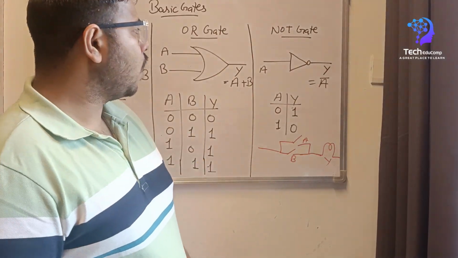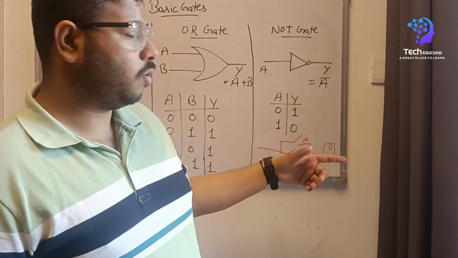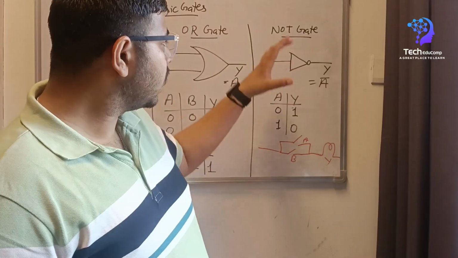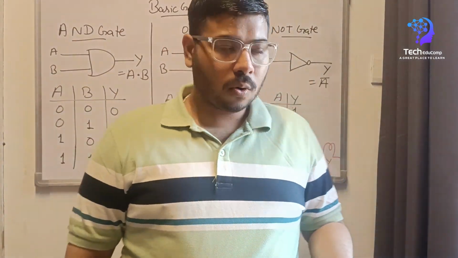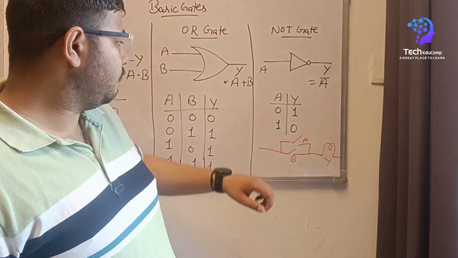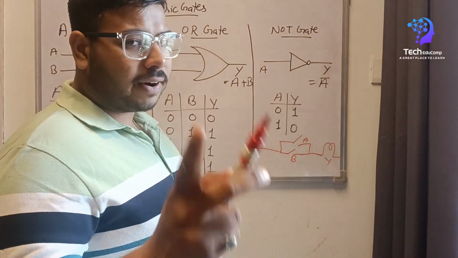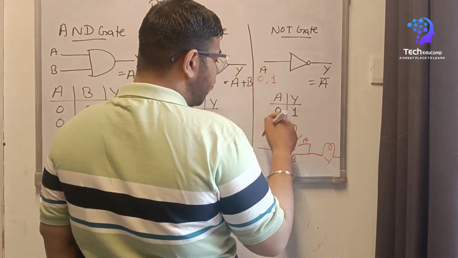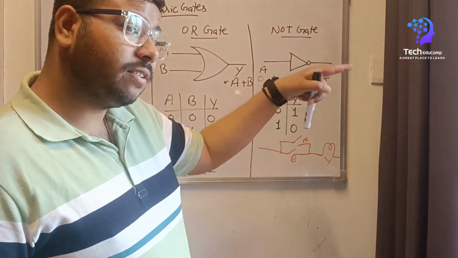Now we have the NOT gate. In the NOT gate, as you can see here, there is only one input, because the NOT gate is also known as an inverter. With only one input, the combinations are 2: it can be either 0 or 1. It will complement it, it will invert it.